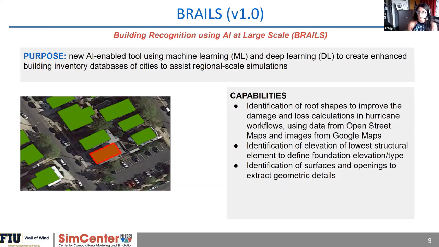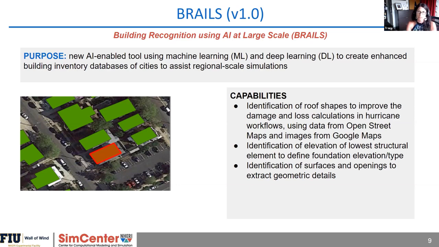We can pull out geometry so you can see the elevation of the structure for looking at storm surge. And we can even extract out the building surfaces and openings so you could literally digitize a building from a photo and bring it into the test bed.